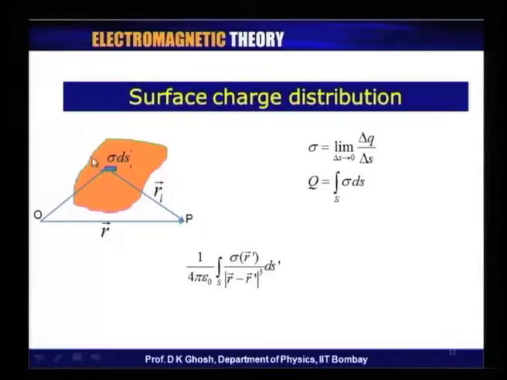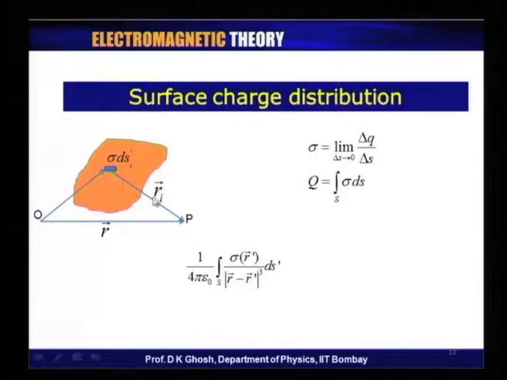Now, to find the electric field due to such a surface at a point P, which is located at the position vector r, we proceed exactly the same way. Suppose this element dS prime is located at this position here, position r prime.